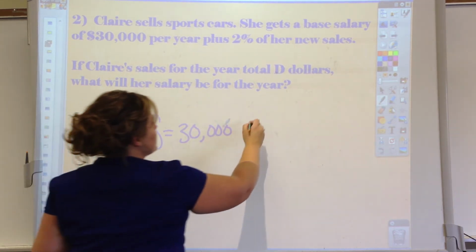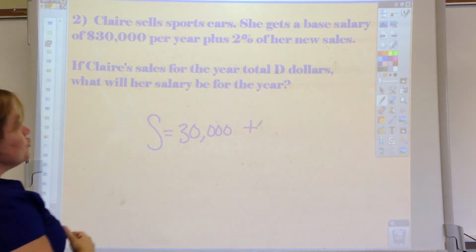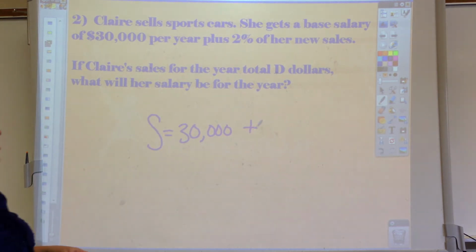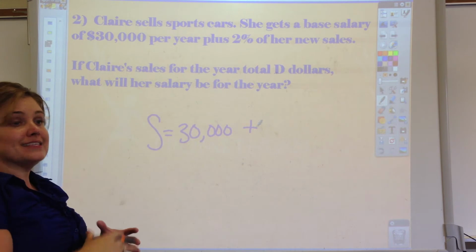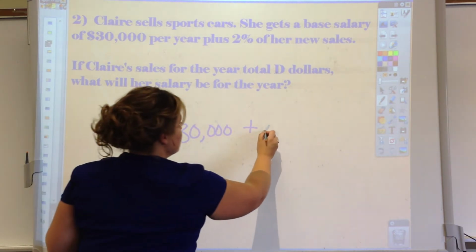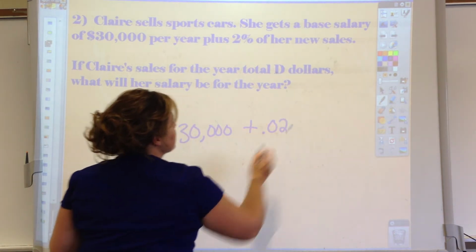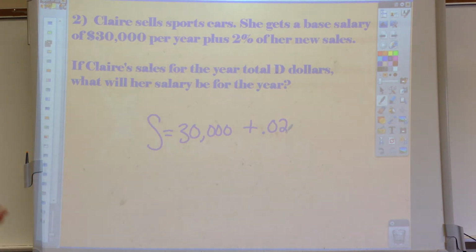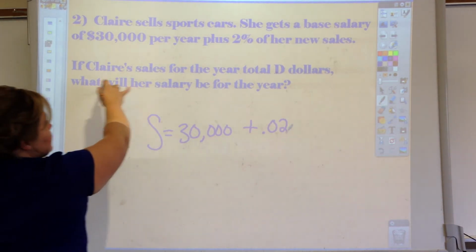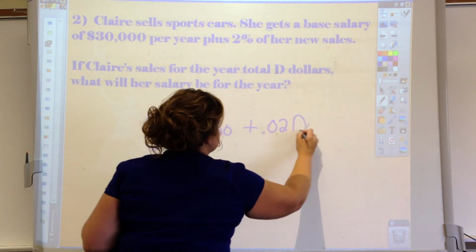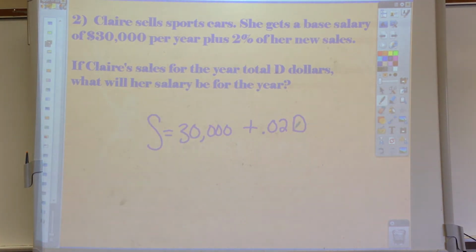And hopefully you agree we're going to add to that 2% of her sales. Now 2% we need to write as a decimal, so we're going to change that by moving the decimal place 2 places and multiplying that by the value of her sales. In this case, we're told her sales were D dollars.